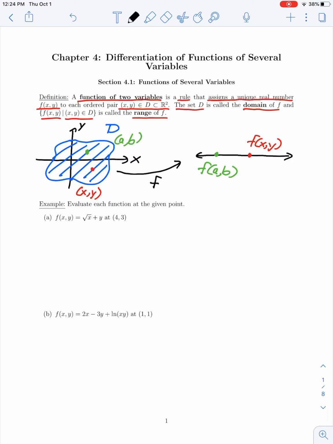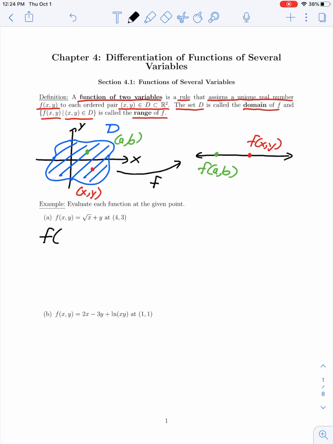So let's look at some examples of evaluating a function of two variables at a given point. So here we're asked to evaluate each function at the indicated point. And in part A, we have the function f of x, y, which is defined by the square root of x plus y, and we're supposed to evaluate at 4, 3.